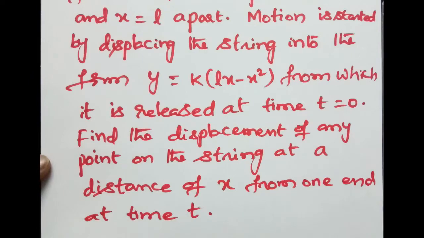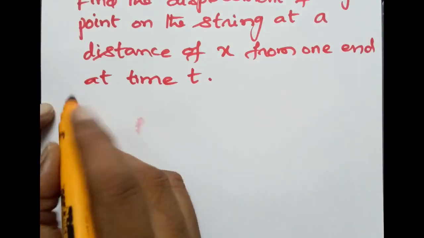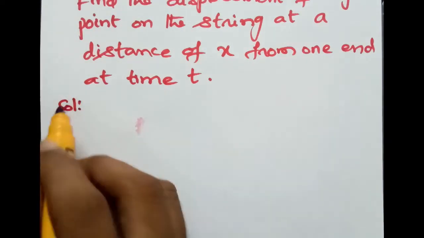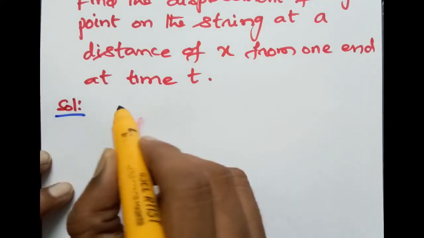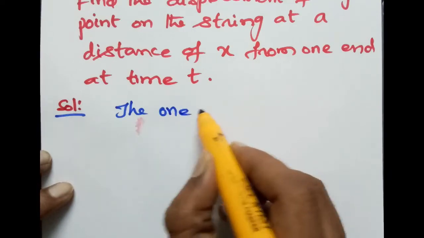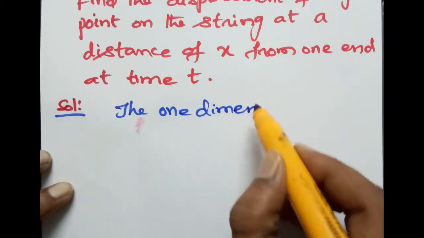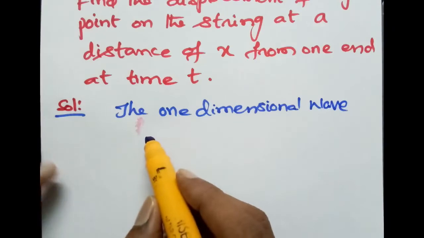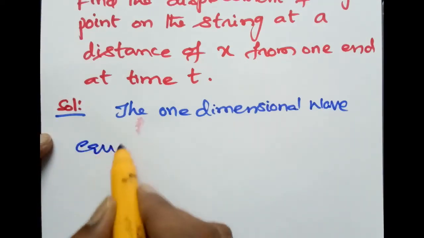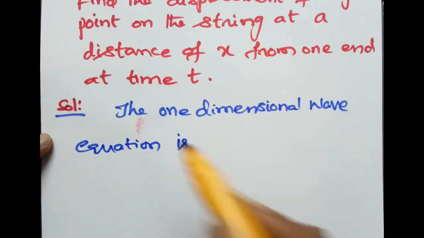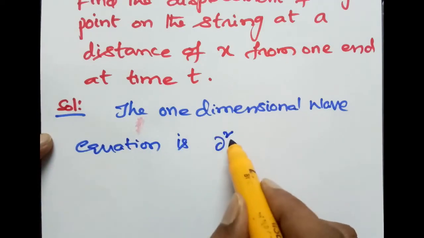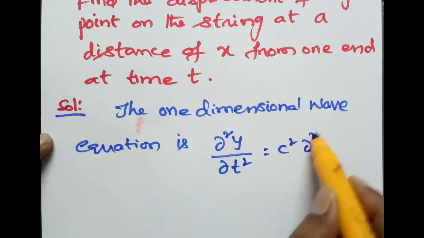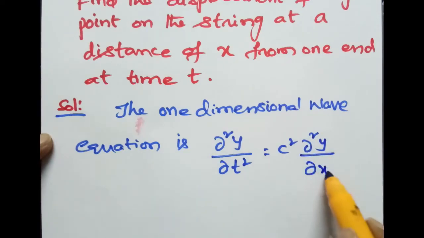Now write the one-dimensional wave equation. As explained in the previous class, the one-dimensional wave equation is dou square y by dou t square is equal to c square into dou square y by dou x square.